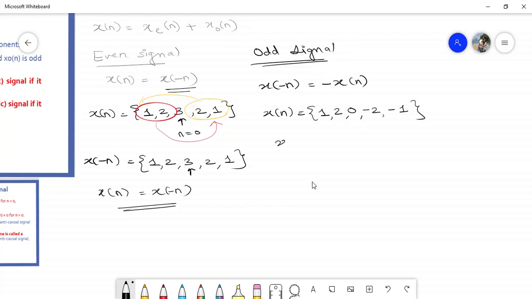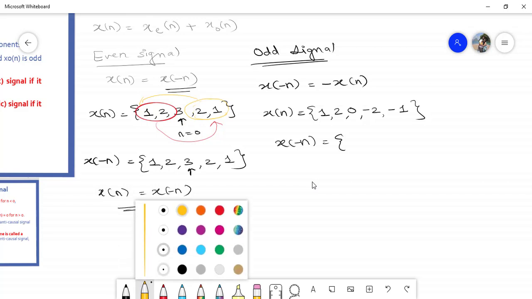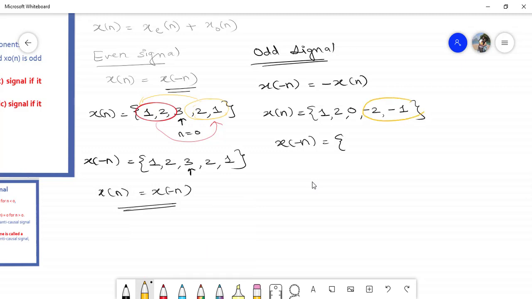Like discussed previously, how do I calculate x[-n]? For calculating x[-n], my positive side components will be shifted to the negative side, and the negative side components will be shifted to the positive side. Therefore the value will be minus 1, minus 2, 0, 2 and 1, correct? So this is my x[-n].